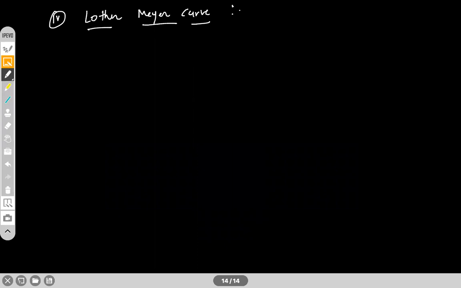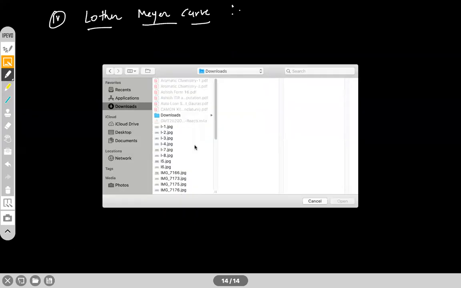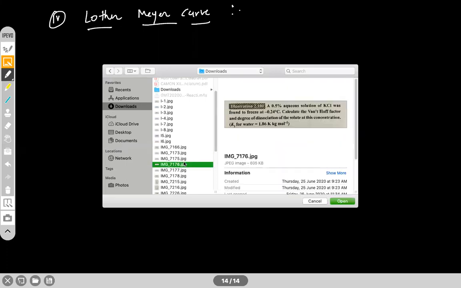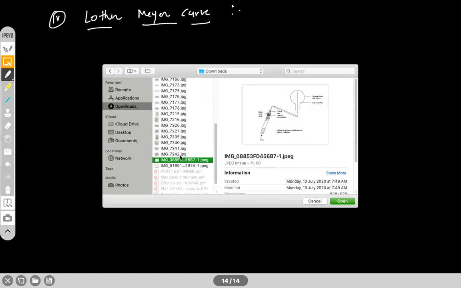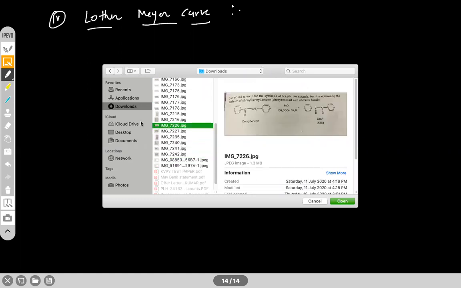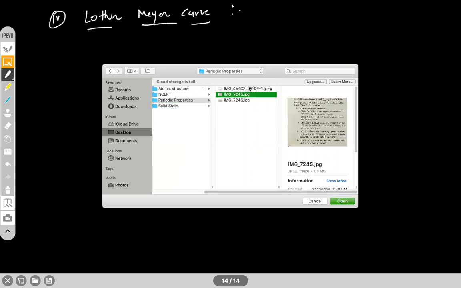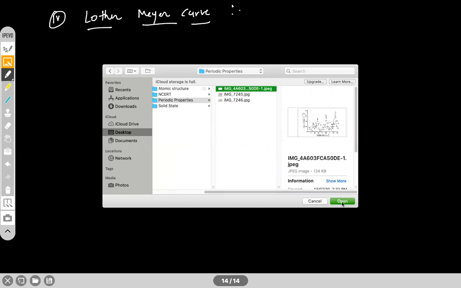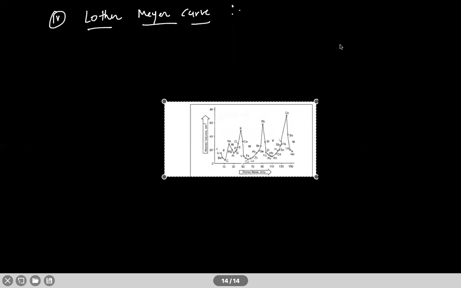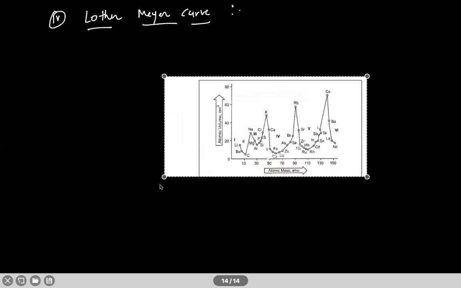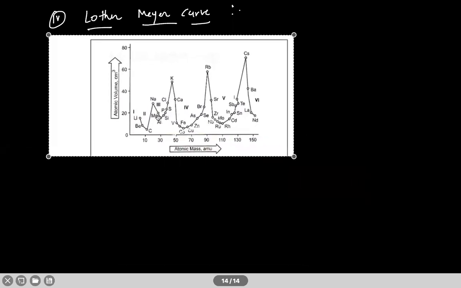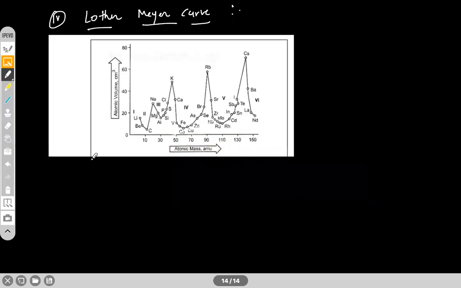See this curve? What he did actually was draw a graph between atomic volume and atomic mass, and he got a trend like this.